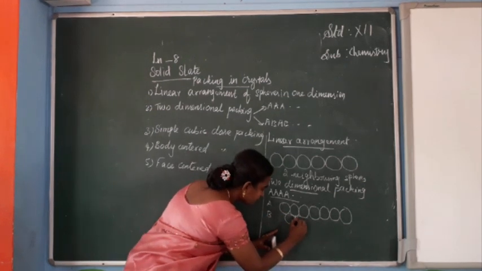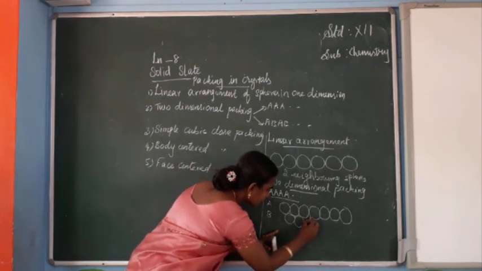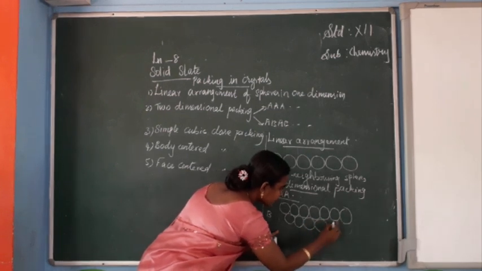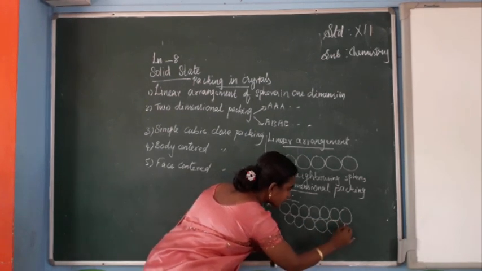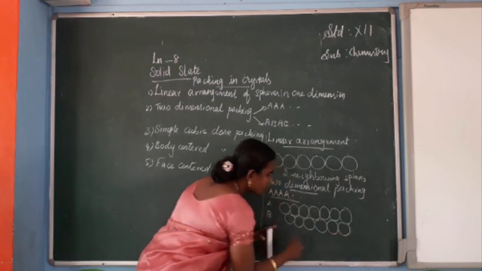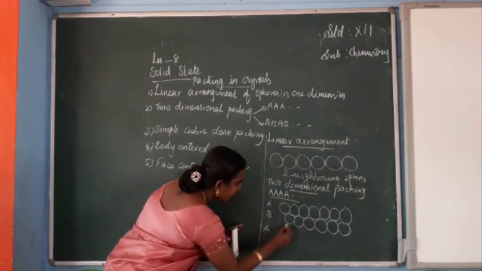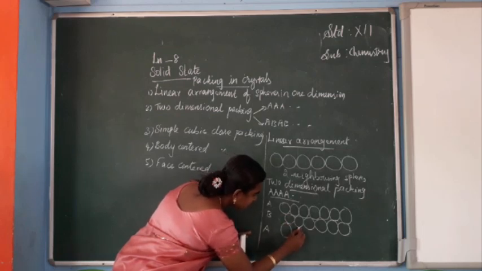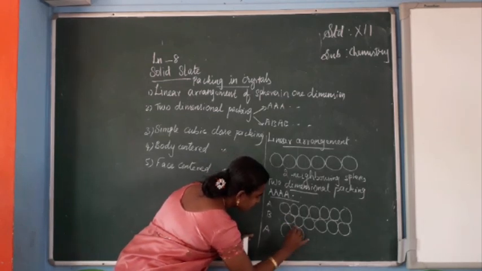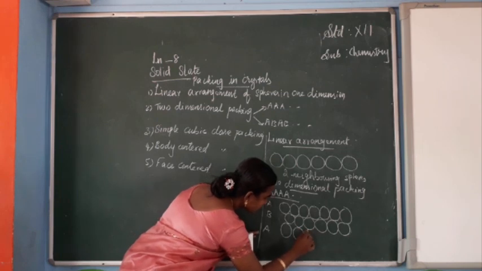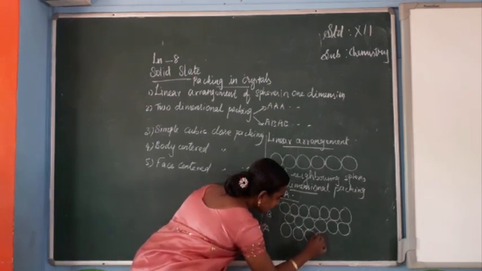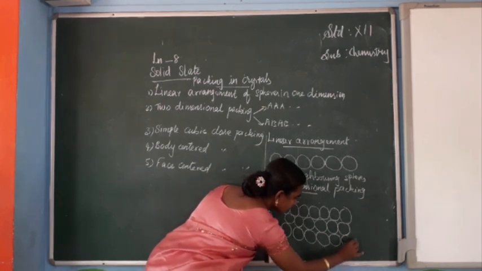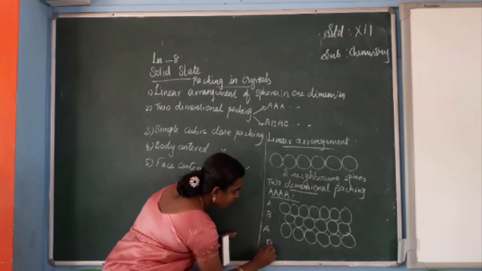Okay, so like this. Next we have to draw the A layer like this. Next we have to draw the B layer.